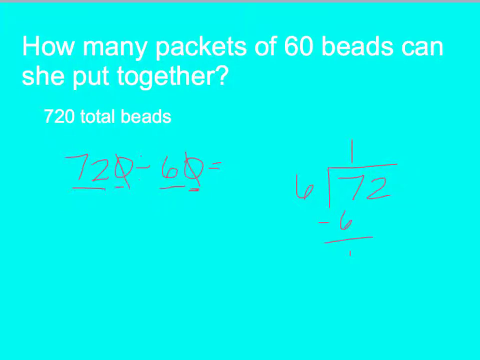When I subtract it, I get 1. Going to bring down my 2. Now I'm looking at how many times 6 goes into 12, and that's twice. When you multiply 6 times 2, you get 12, and we're going to get a remainder of 0. So our final quotient here is 12 packets. She can make 12 packets of 60 beads for her friends.